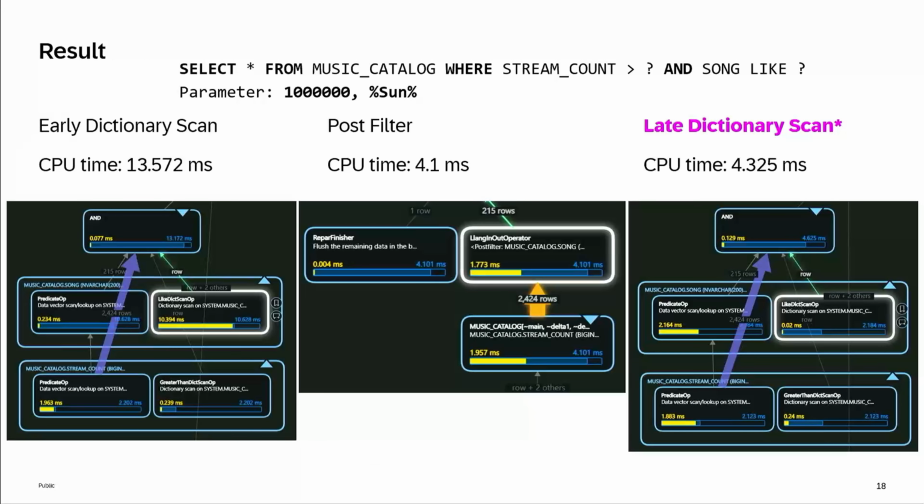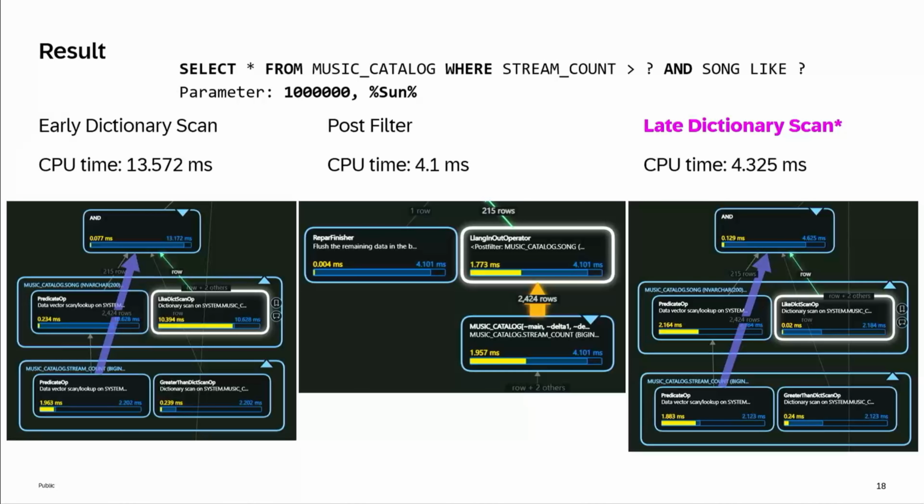And now let's take a look at some results. With the previous example, we created a data set. It's an artificial data set for this demo. In this data set, we just have a very simple table, music catalog. And in this query, we try to select where the stream count is larger than something, and the name of the song is like something.